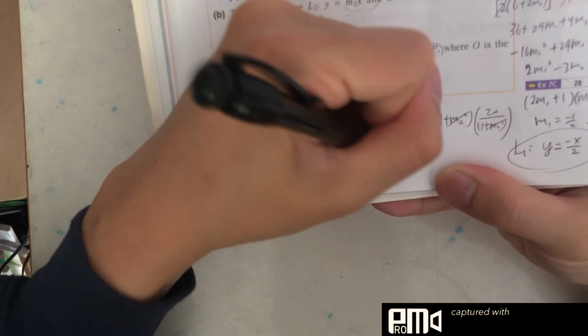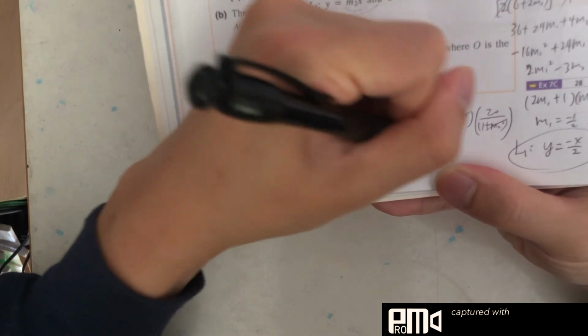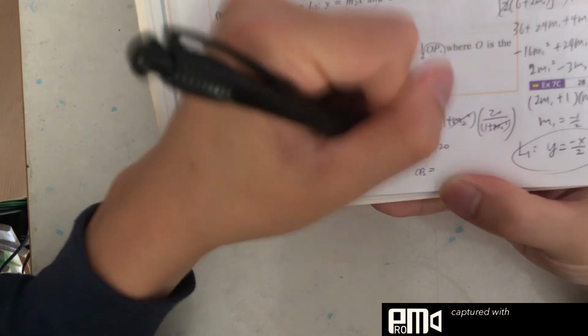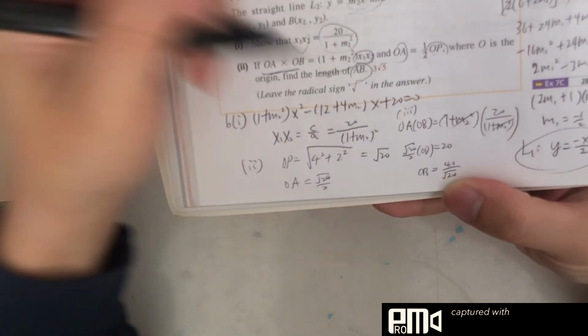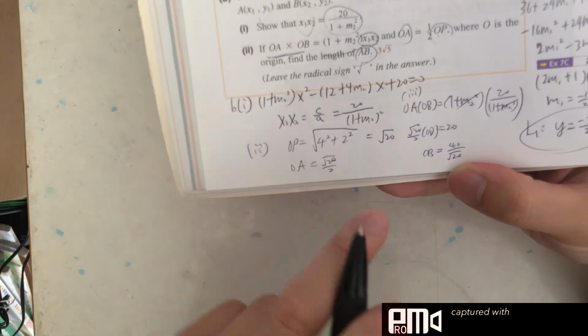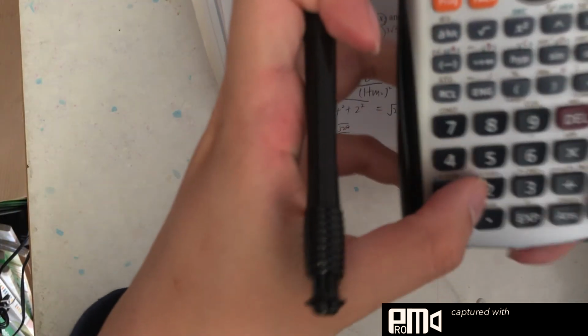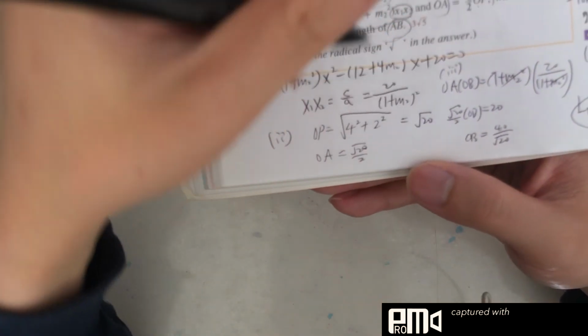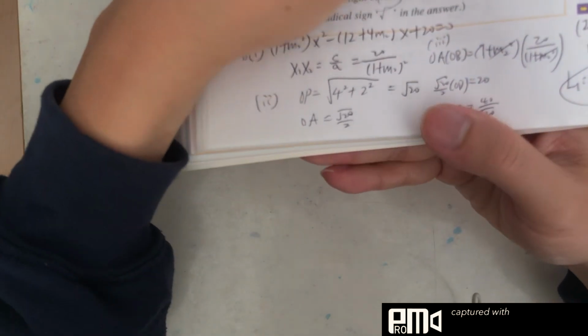OA is this one. So OB to be 40 over this one. Then AB will be, which one is bigger? 40 over 20, 20 over 2. Right, OB is bigger. OB minus this one.